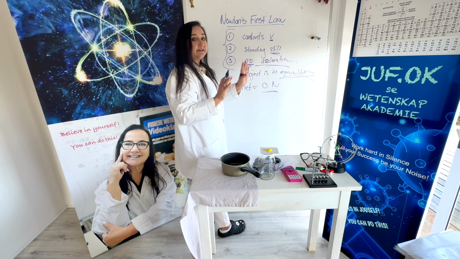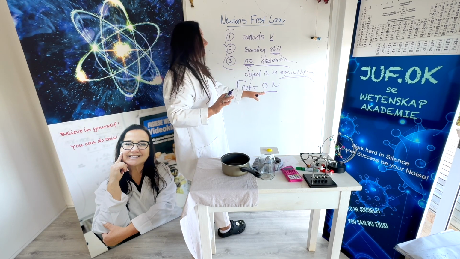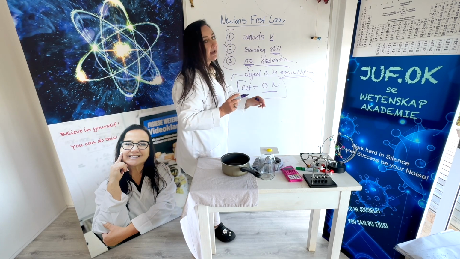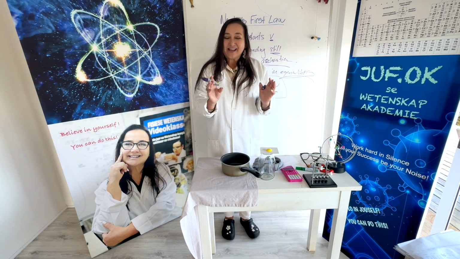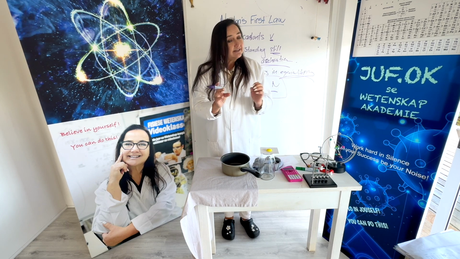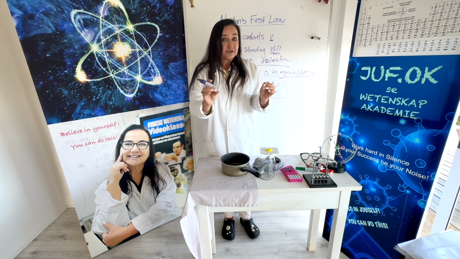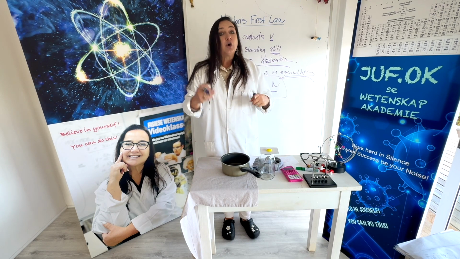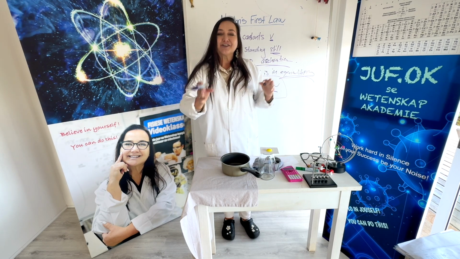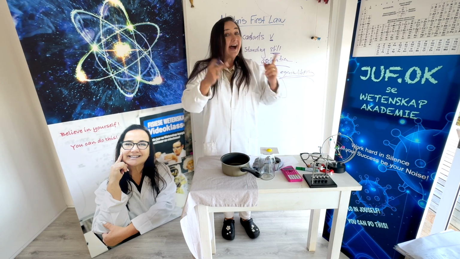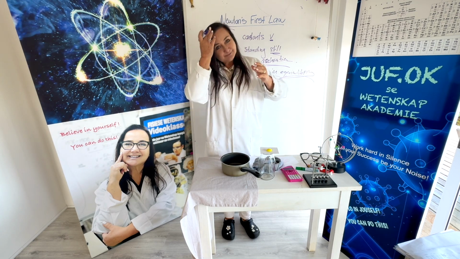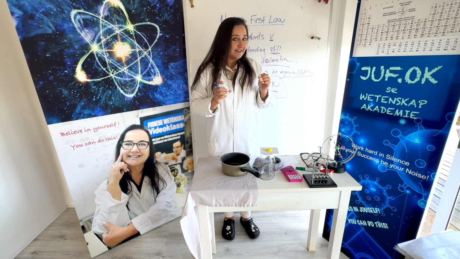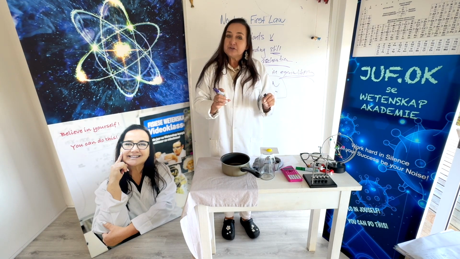So that's Newton's first law if I would write it as a formula: F net, the resultant force, equals 0. A body will keep on standing still or moving with a constant velocity unless a non-zero resultant force acts on it. So that's Newton's first law.